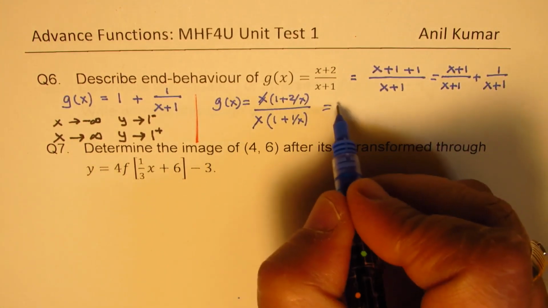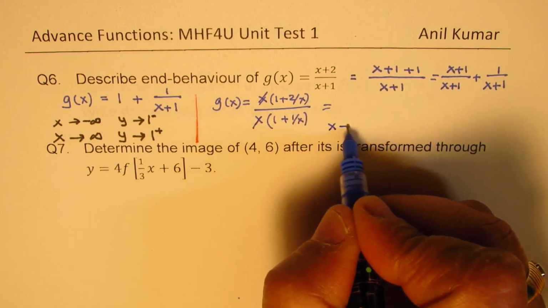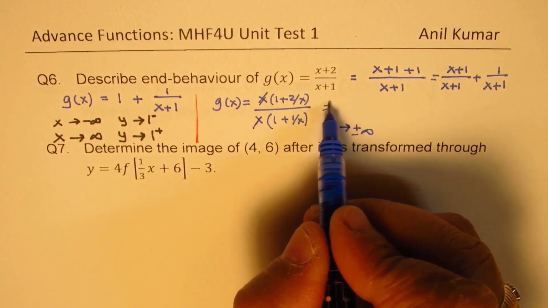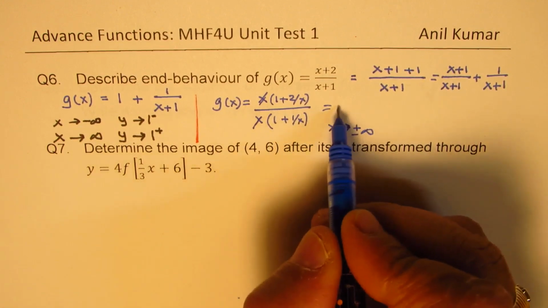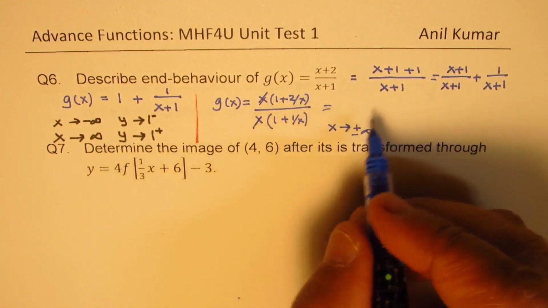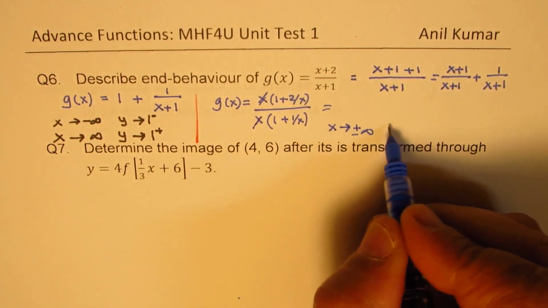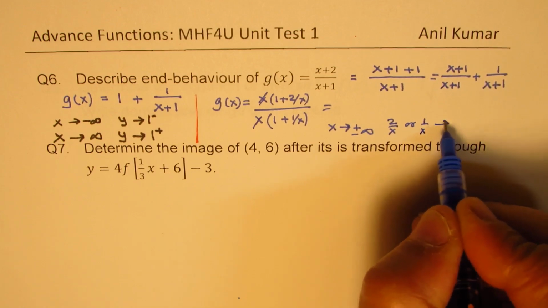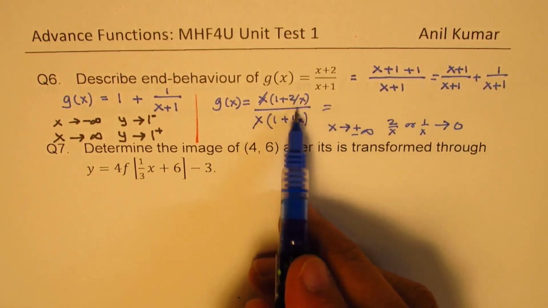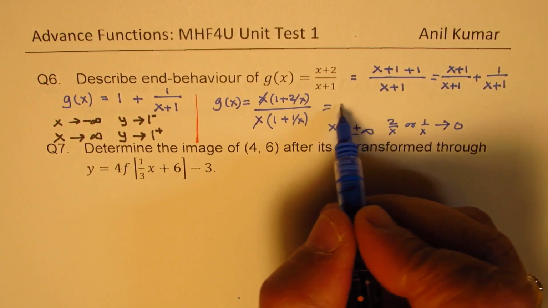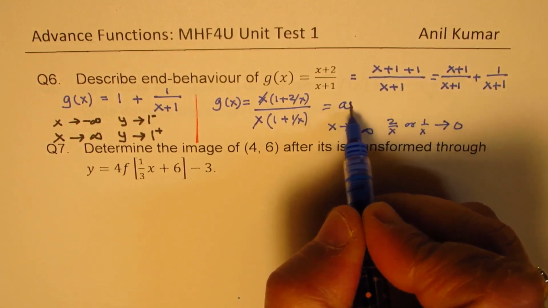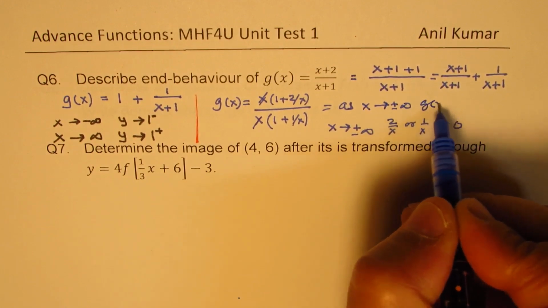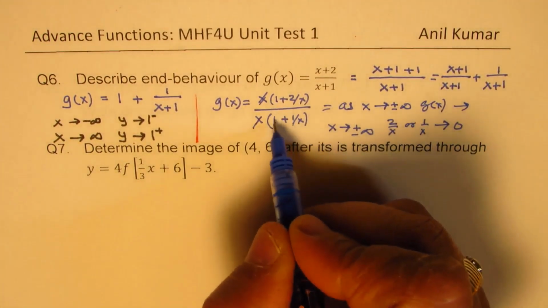Now when x is approaching positive or negative infinity, this function is approaching 1. Do you see that? When x is approaching positive or negative infinity, 2 over x or 1 over x approaches 0. So this term approaches 0. We are left with, as x approaches positive or negative infinity, g of x approaches this value of 1.